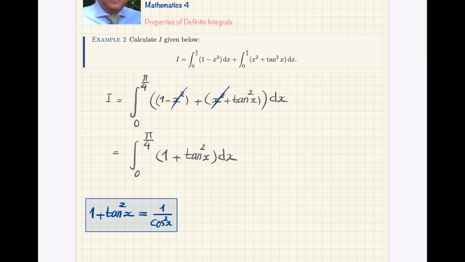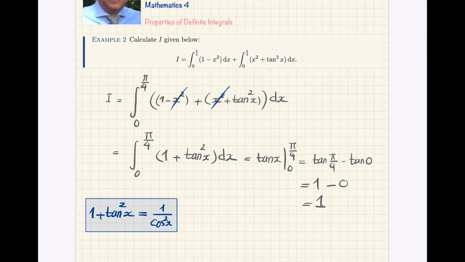Tangent of x. Yes, tangent of x, thank you. So this becomes tangent of x. And then it goes from 0 to pi over 4. Then it becomes tangent of pi over 4 minus tangent of 0, but tangent of pi over 4 is 1, tangent of 0 is 0, so the answer would be 1.